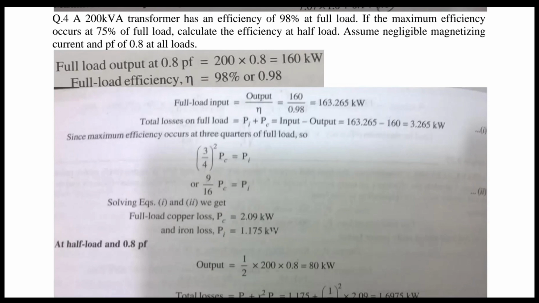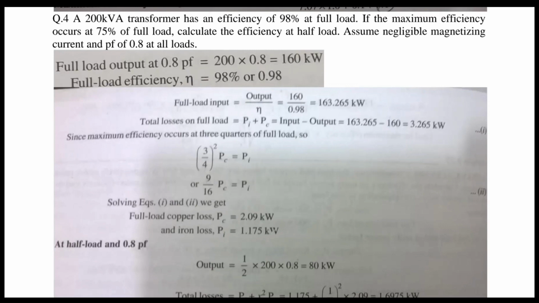When the efficiency and output are known, we can calculate the input, because we know the general formula that output upon input is equal to efficiency. So input is calculated as 163.265 kilowatt.